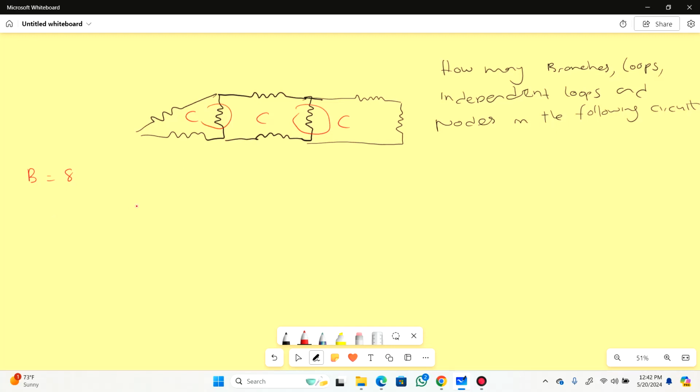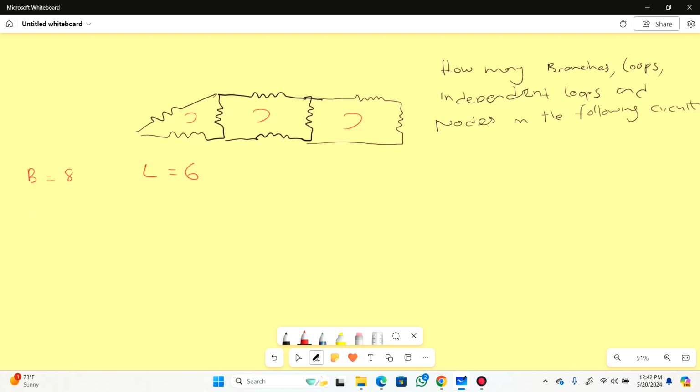Then we have this loop here, 5, as well as this whole loop. So how many loops do I have? You have 6 loops with a capital letter L. And then our independent loops, we have 1 2 3 independent loops. So our independent loops are 3.